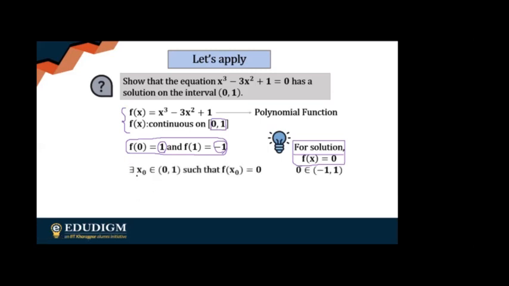So obviously, I will get an x naught in the original domain that we have considered, which is [0, 1], such that this will be true. All right. So obviously, it has a solution. Is this okay with all of you? This is a little different approach to what we have done so far. This is very interesting, a good approach to show whether a particular equation is having a solution in an interval or not.